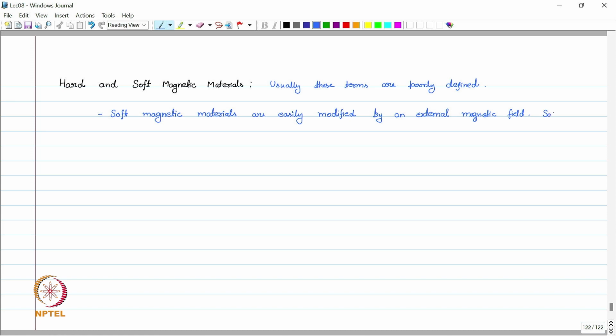Soft materials may even be affected by the internal field from the device.